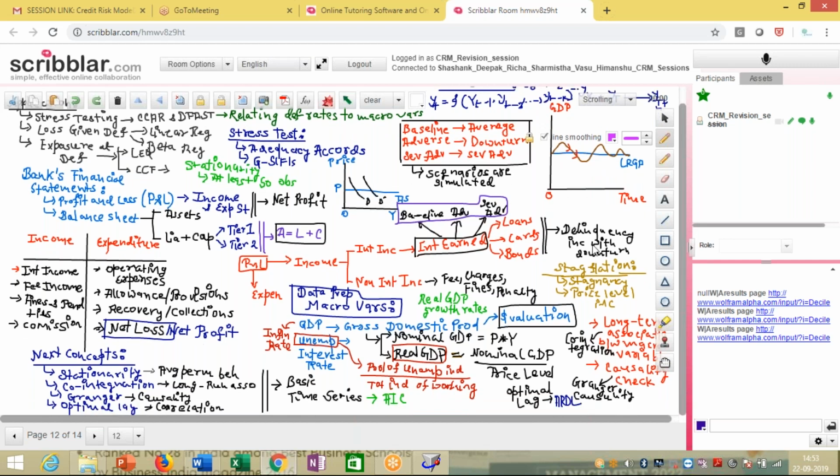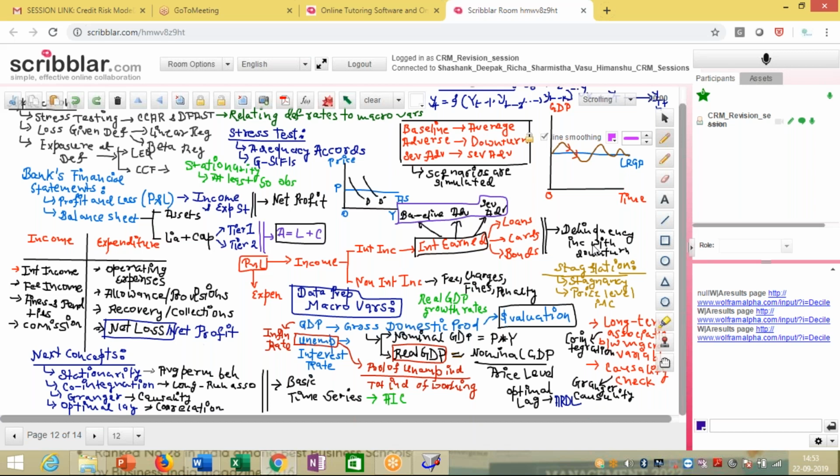We need to ensure that the macroeconomic variable data we are putting in is a proper data set. Given that, we can then develop the linear regression model, validate that, and so on.